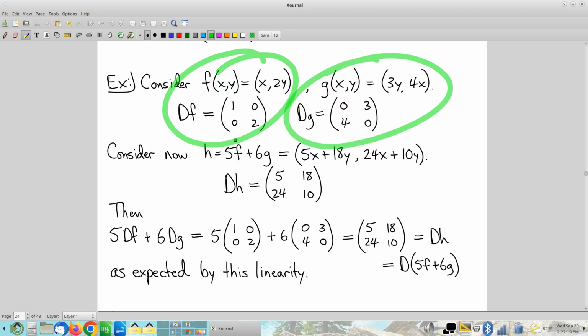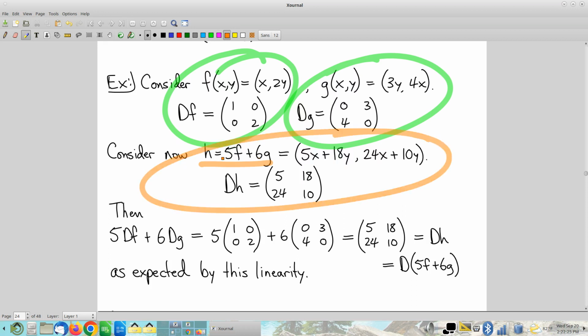Then I can also take a linear combination of those two functions, and I can talk about its derivative matrix. Now, this is just a matter of multiplying out a couple of functions and adding per this formula for a linear combination, and then computing the appropriate partials and assembling them in the right order. Oh, yeah, question.